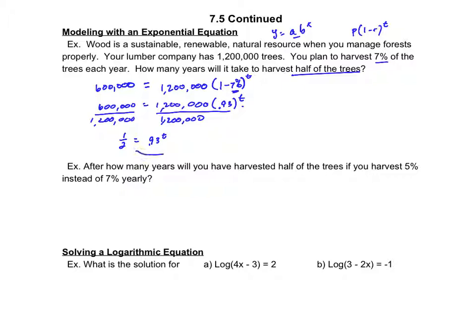So let's go over here, and I have the log of 1/2 is equal to the log of 0.93 to the t. Looking at your power rules. And again, when we're working with equations, if you just keep calm and combine like terms, the things that you need to do next will reveal themselves. You just have to be patient and do what you know to do.